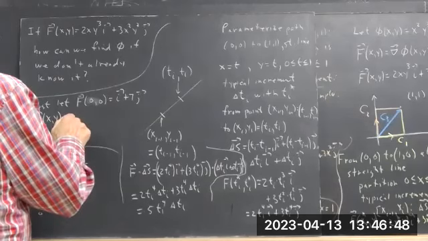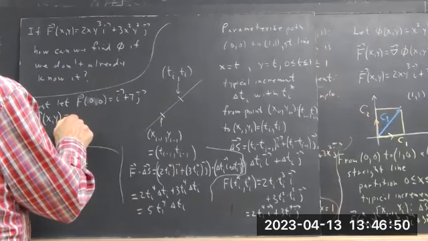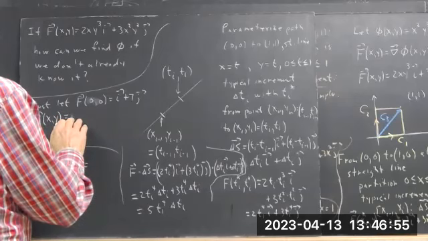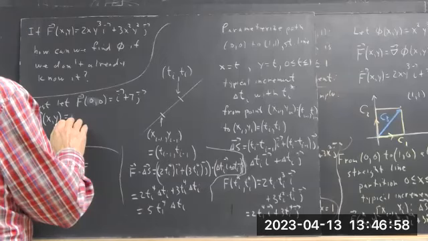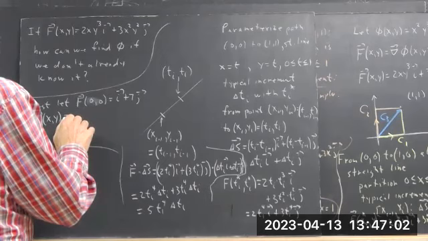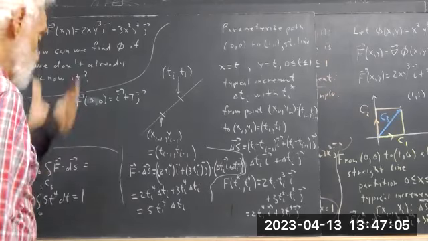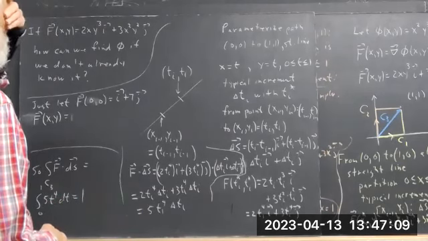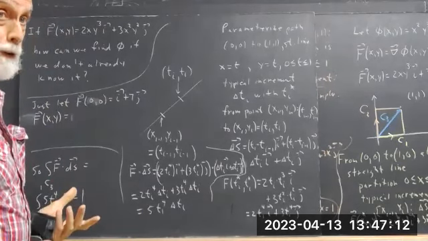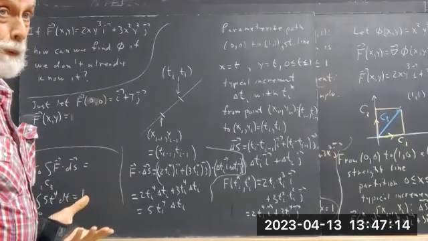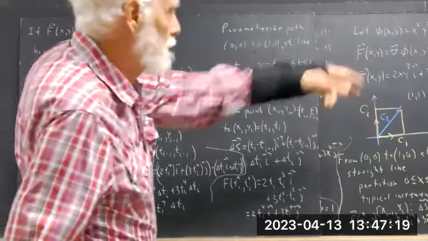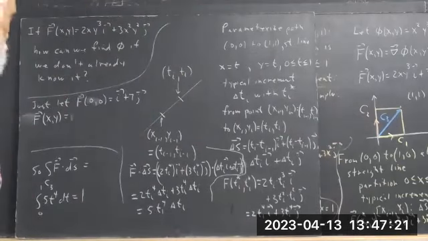F of x, y is going to equal... Trying to think what notation to use for it. It's very much like what you did in differential equations when you're solving an exact equation. You're going to find an antiderivative of this vector function.